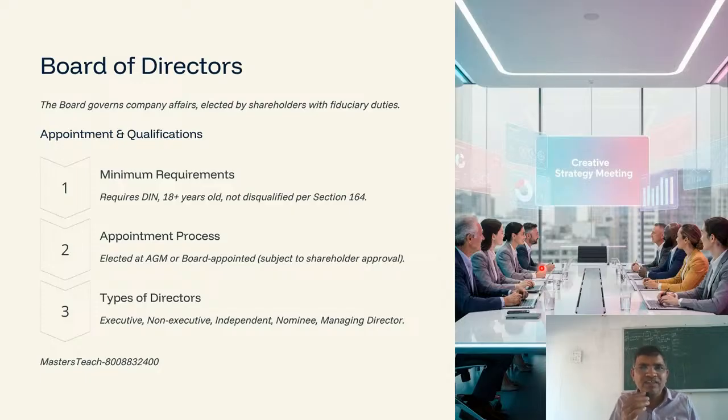In the appointment process, these people are appointed in the annual general meeting, and the board appoints subject to shareholders' approval. Types of directors: executive director, non-executive director, independent director, nominee director, and managing director. If you write all these, you're going to get full marks. Just listen to the class again and again, that will be helpful to you.